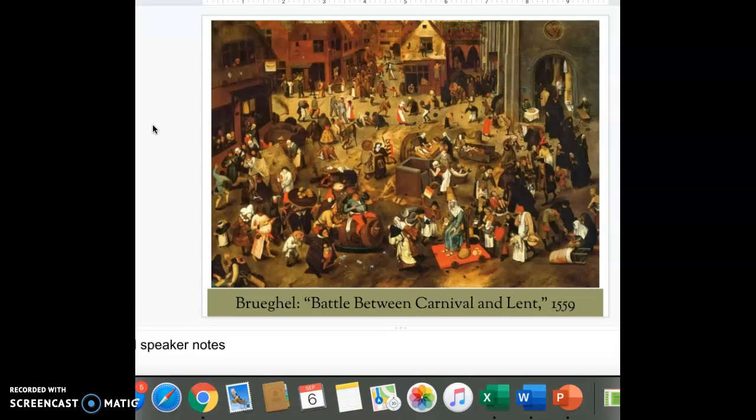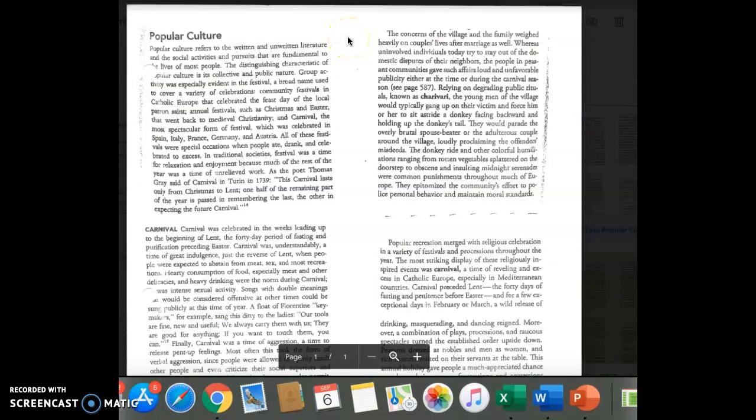For you to understand this painting, you do need to know the culture of the time. So I've included a copy of this handout that I pulled from two different sources, one being your textbook and another being a different AP European history textbook that I often use for sourcing.